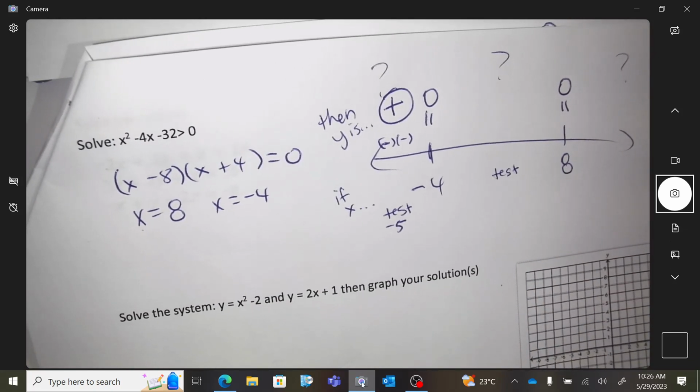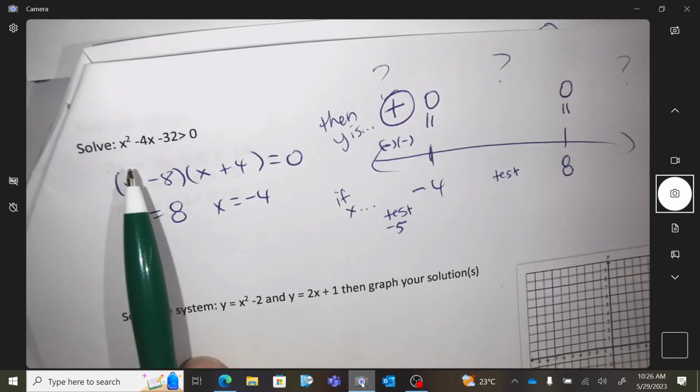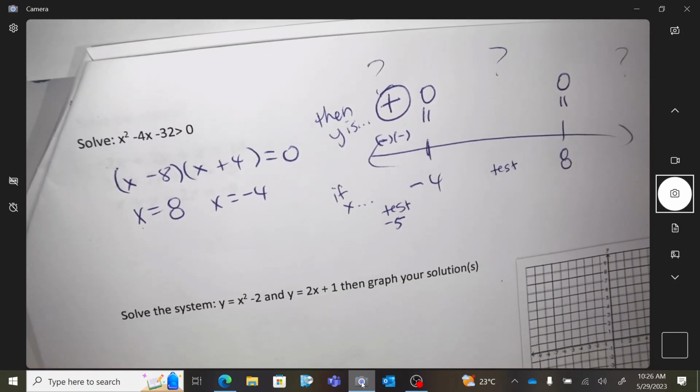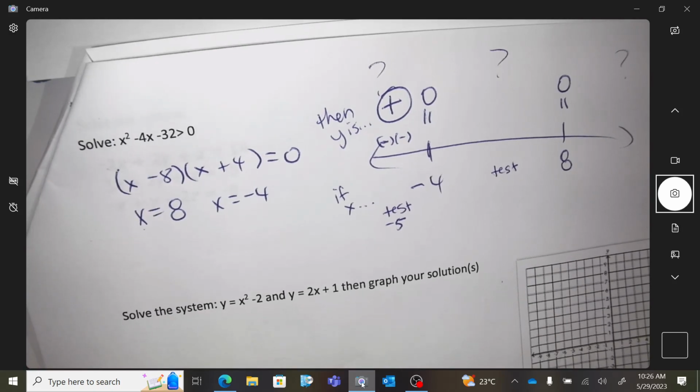I'm going to test something in that zone. And 0. 0 is in that zone, so for sure I'm going to use it because, boom. What's your function when you're at 0? Really fast. This fast is how you should find it. If you put a 0 in, what is it? -32.